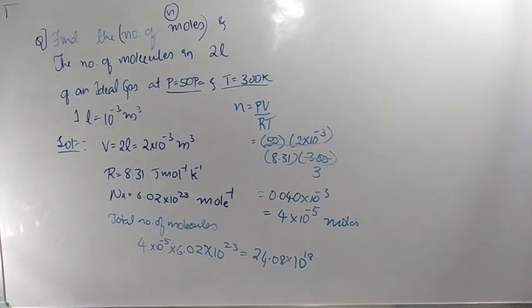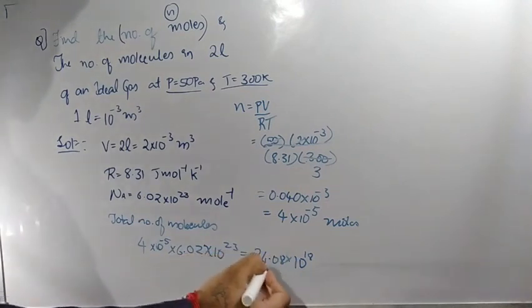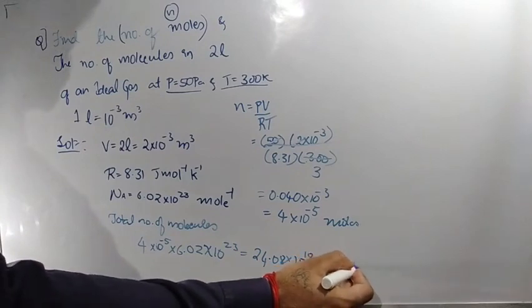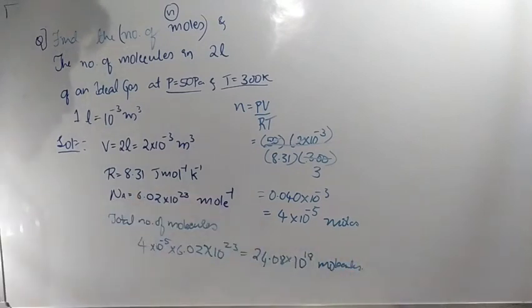Clear? Or you can write it as 2.4 into 10 to the power of 19 molecules. Otherwise 24.08 into 10 to the power of 18 molecules. Clear? These many molecules.